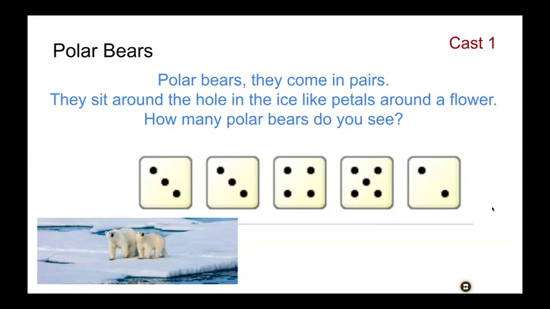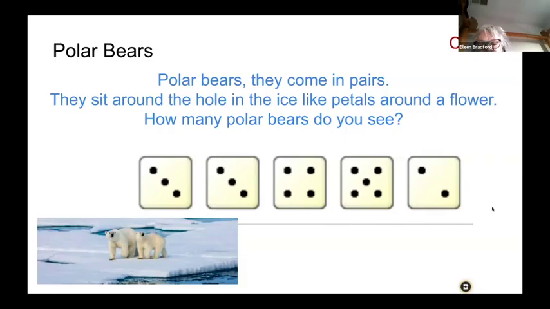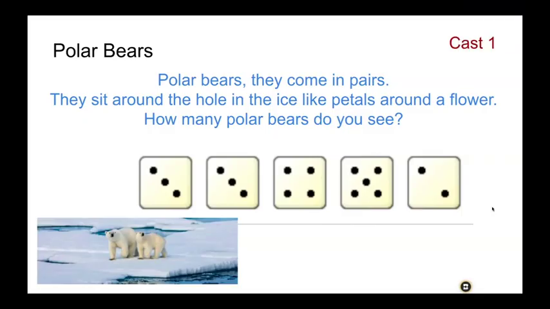And then when you look at the 3s, the center would be like the hole in the ice, 1 on each side would be a pair around the petal, just it's missing some other petals. Oh, I didn't see that. 1, 2, 3, 4, 5, 6, 7, 8. Now I counted 9 polar bears.